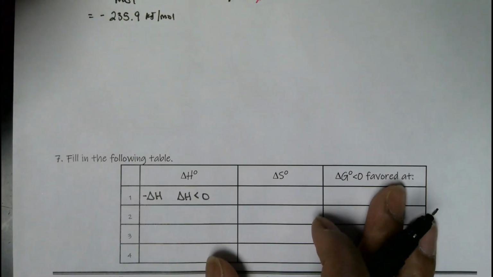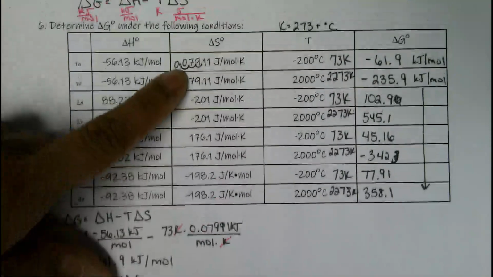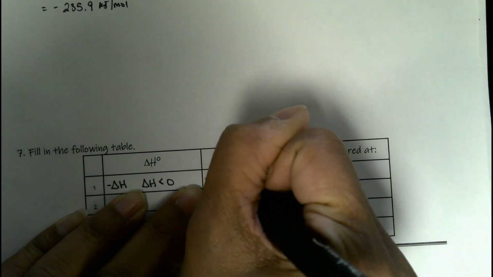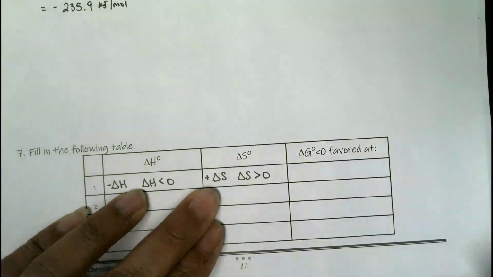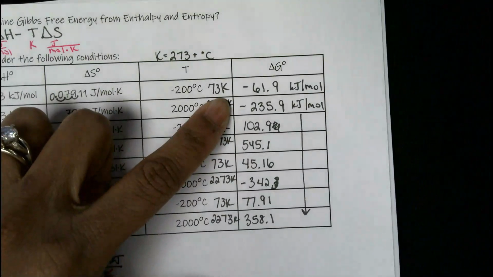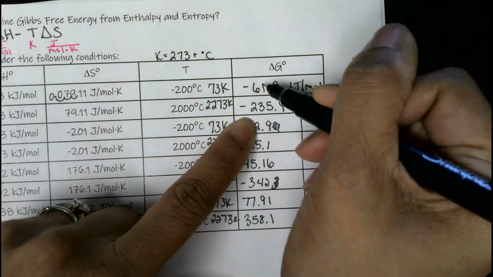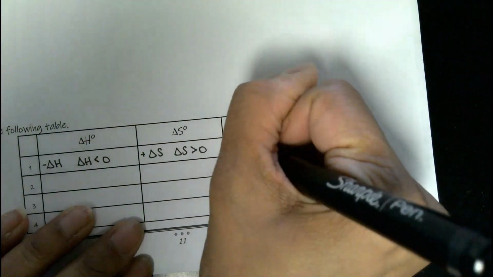Putting that in there. Then coming back up, my delta S for number 1A and 1B were both positive. And so delta S is greater than 0. And then we're going to see what happens with delta G. We want delta G to be negative. So in both instances, it is negative. So at low temperatures and high temperatures, delta G is favored at all temps.